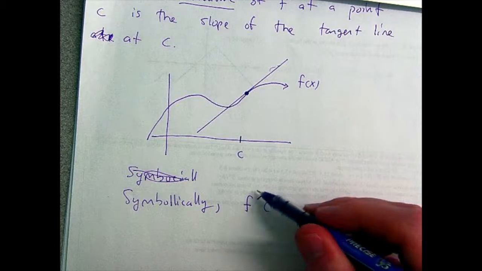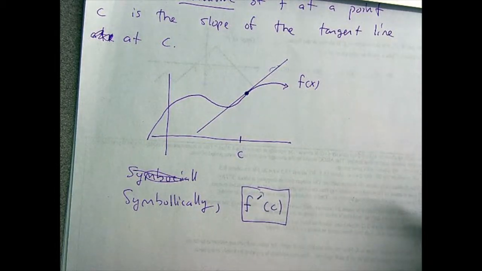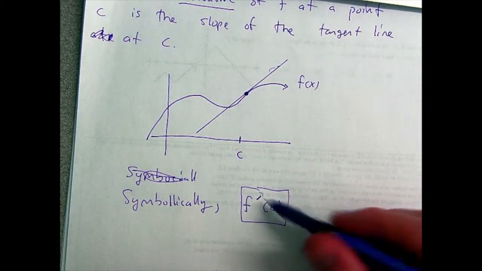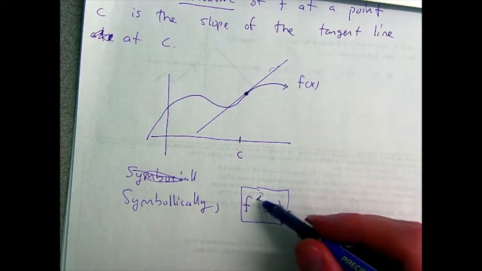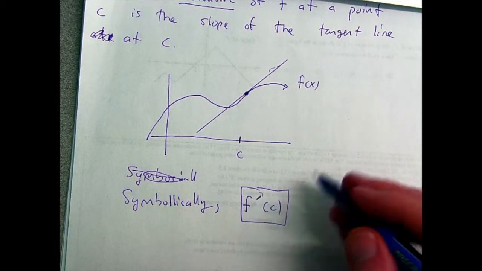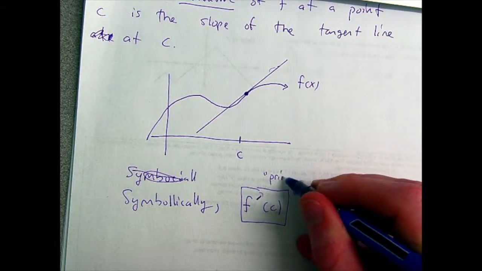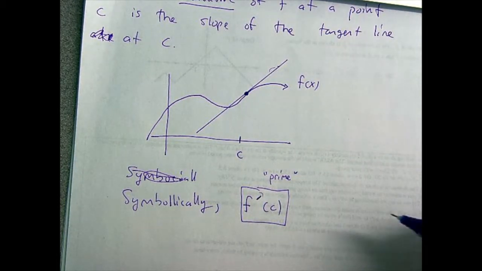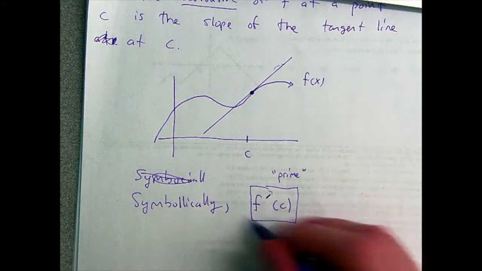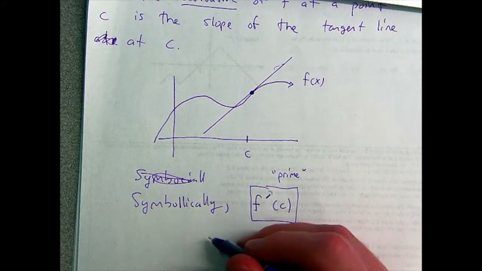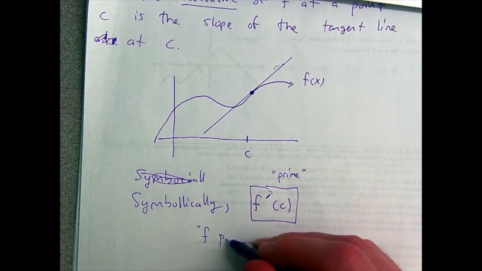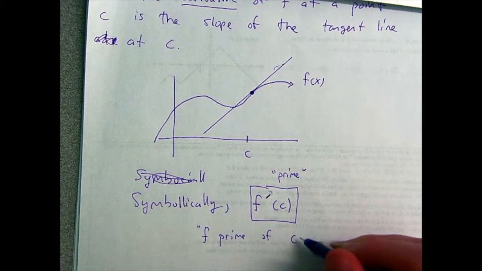So this expression right here is how we represent the derivative at c symbolically. You just put this little apostrophe-looking thing here. It's called a prime. So this whole expression is often pronounced f prime of c.